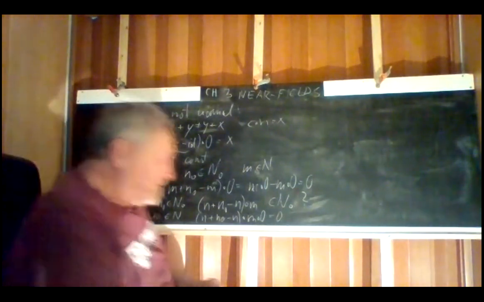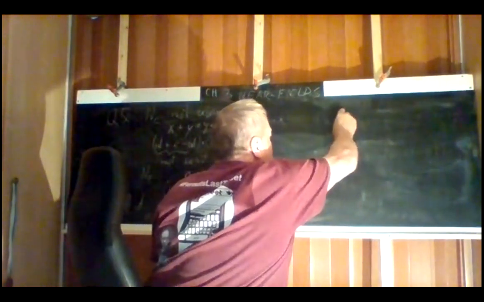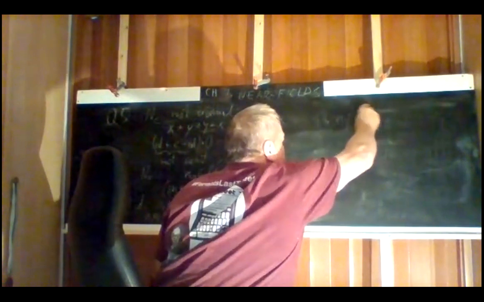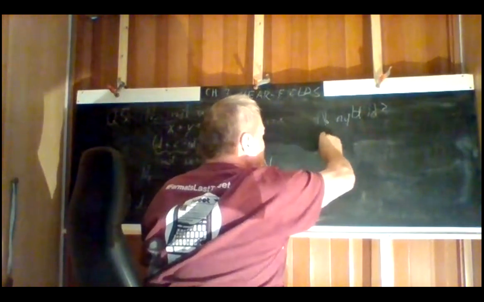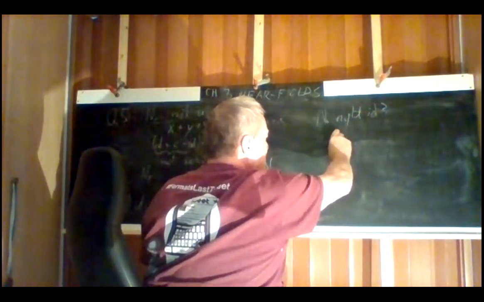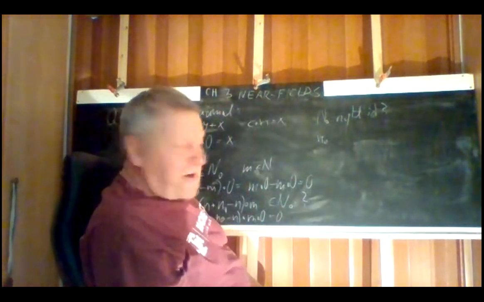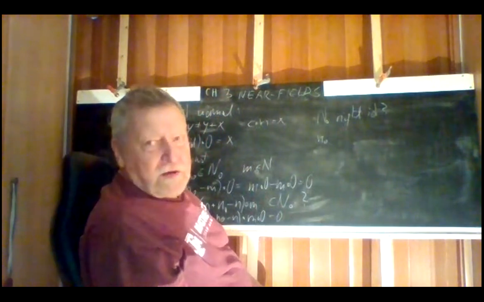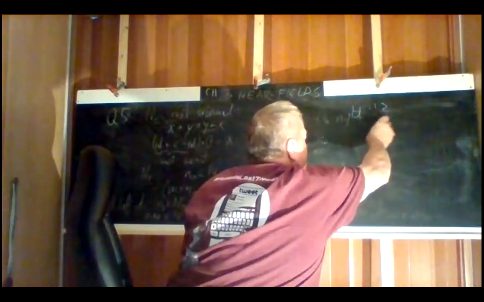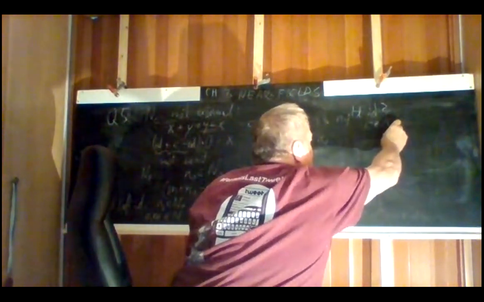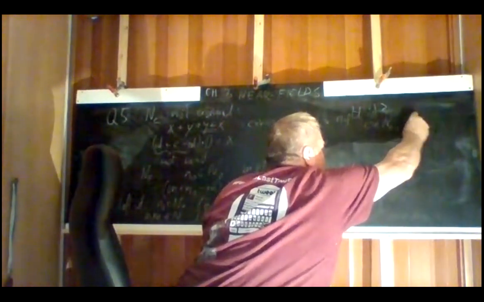For that, take some n in N sub 0, take some m from outside, and we have to find out if we are back in N sub 0. A good idea is to take a constant c in N sub c, such that c is not the same as 0.